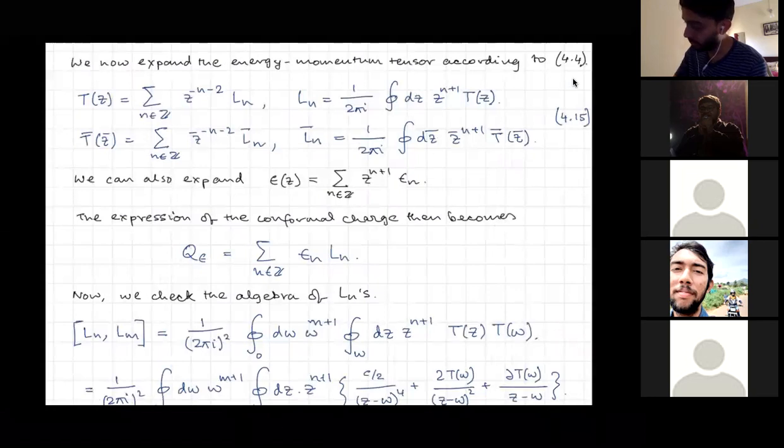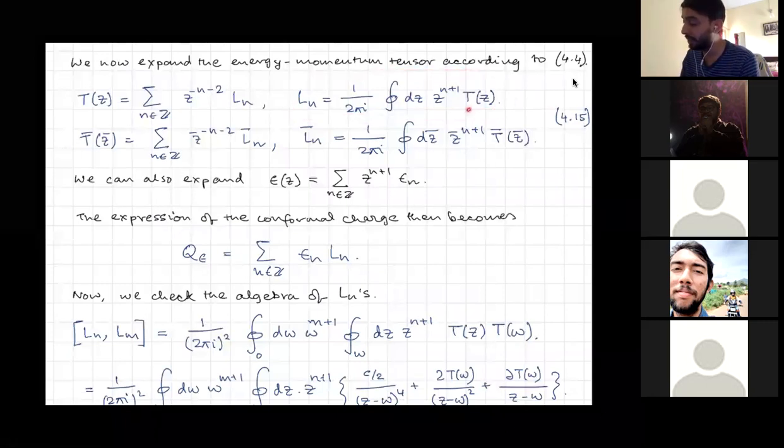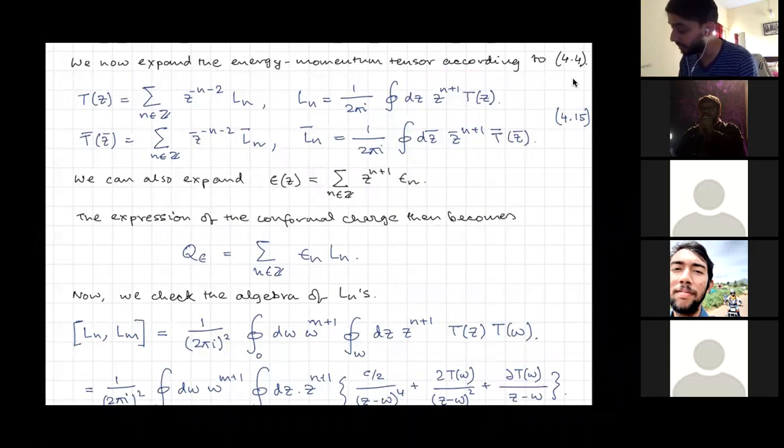Similarly, these L_n's are just the integral of z to the n plus 1 times T. Now, you can try to expand out the small ε as well, and then you would be able to see that Q is just given by ε_n times L_n.